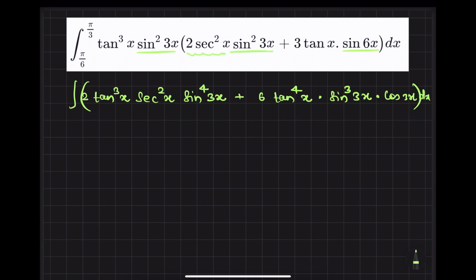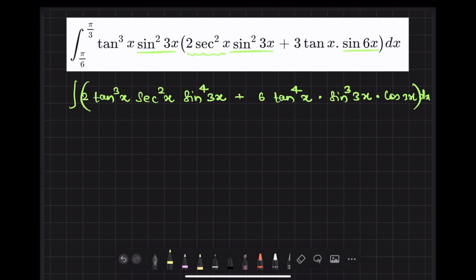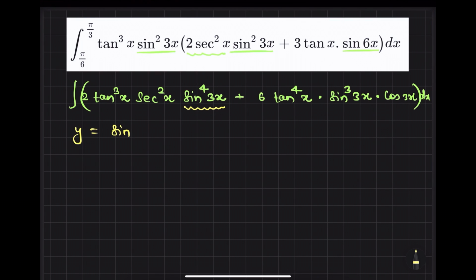Now what I feel is, look at this situation. If you will observe, the greatest power is this, correct? So suppose that for time being I am taking y as sine power 4 3x. Let's do the differentiation.